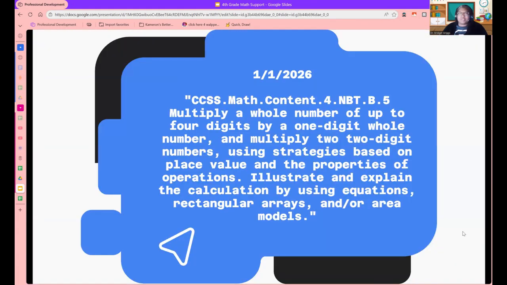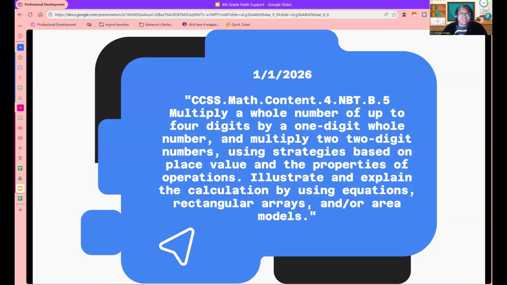For today, we have multiply a whole number of up to 4 digits by a 1-digit whole number, and multiply 2 2-digit numbers using strategies based on place value and properties of operations. Illustrate and explain the calculation by using equations, rectangular arrays, and/or area models.